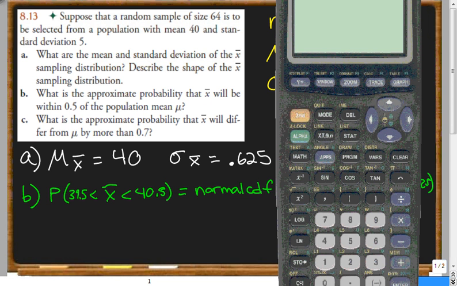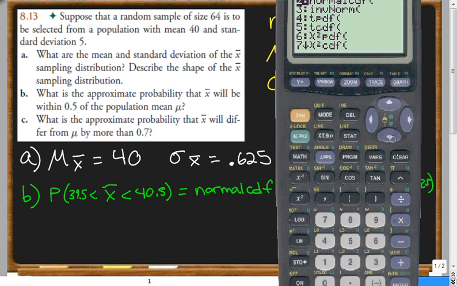Okay, we go to second, distribute, and use our normal CDF. Yours may look a little different, but you should type it in the same way: 39.5, comma, 40.5, comma, our mean, which is 40, and our standard deviation, which is 0.625.